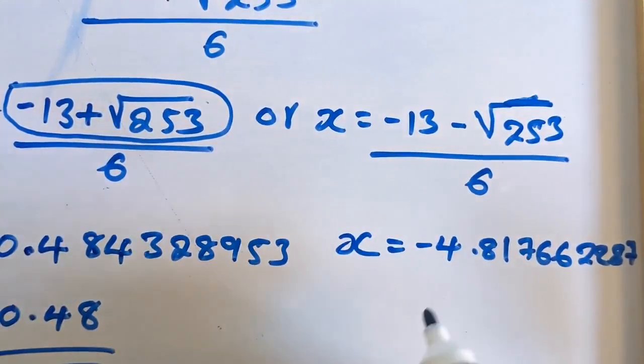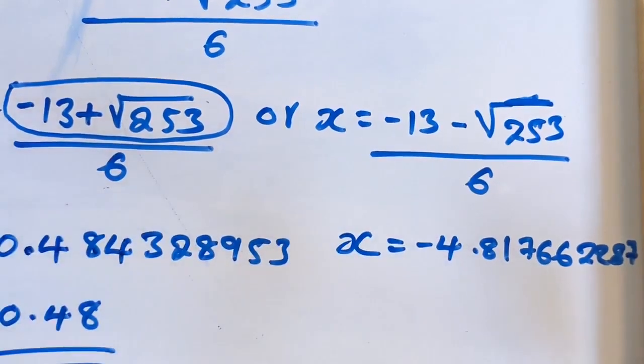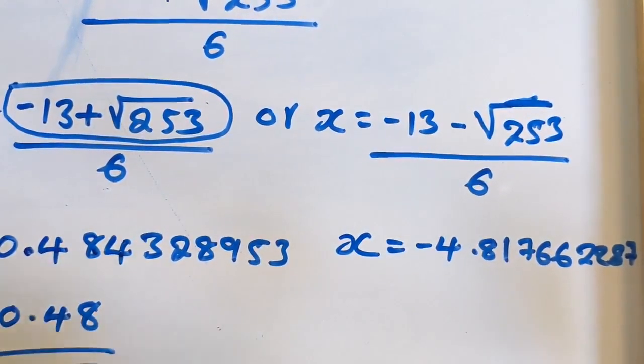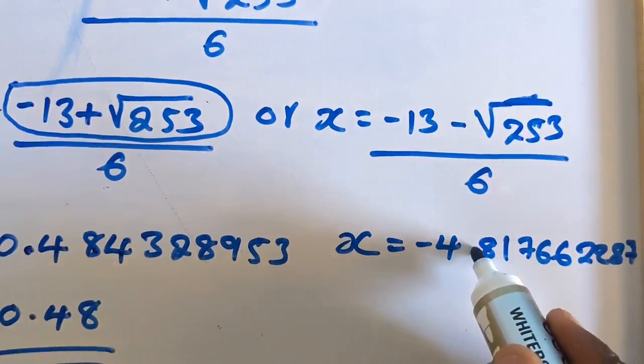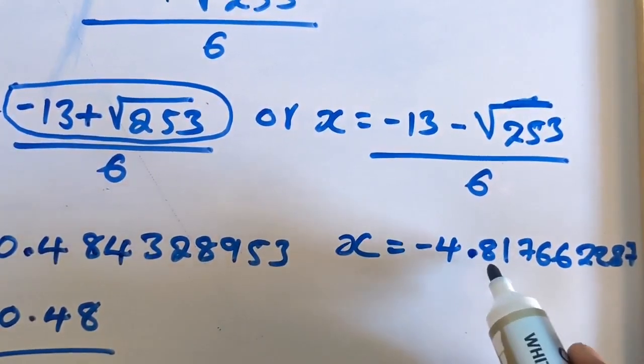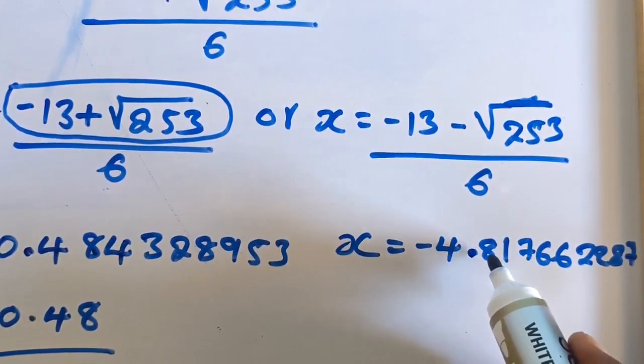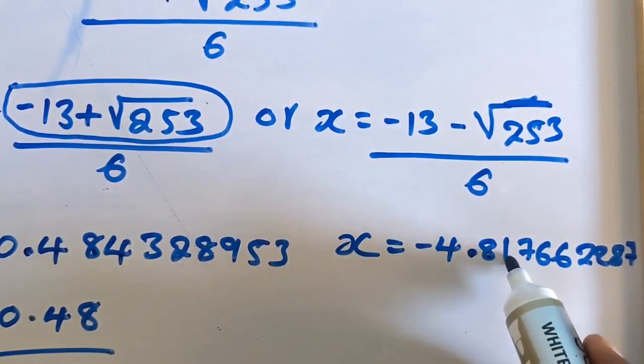Now you need to correct these to 2 decimal places. I said that a decimal place is a number after a decimal point. Those numbers are 8 and 1.